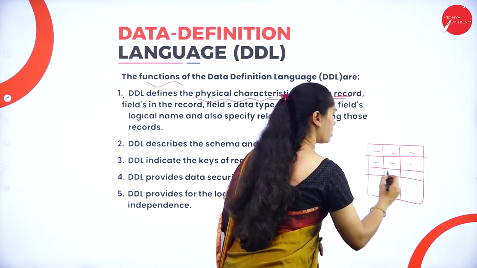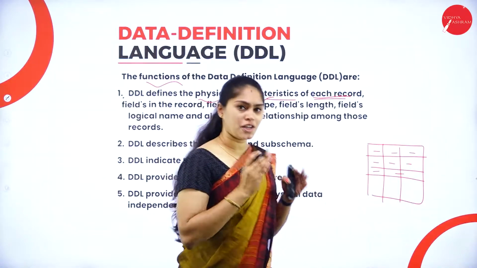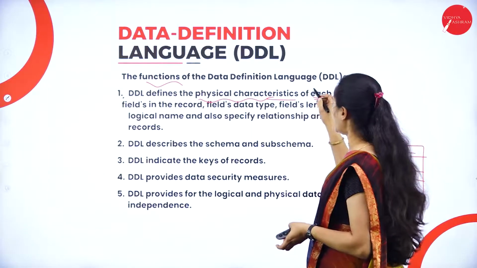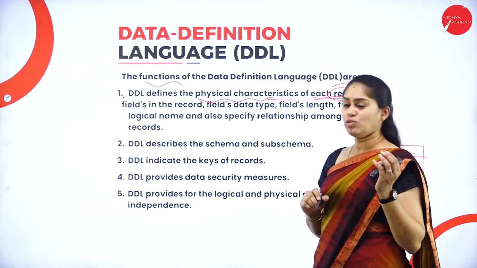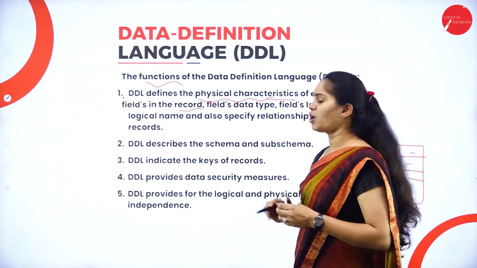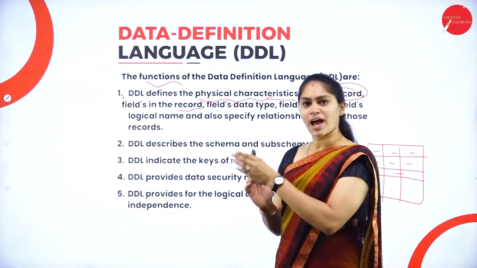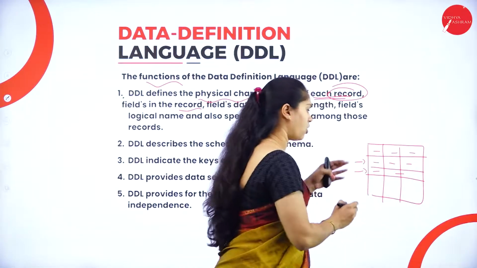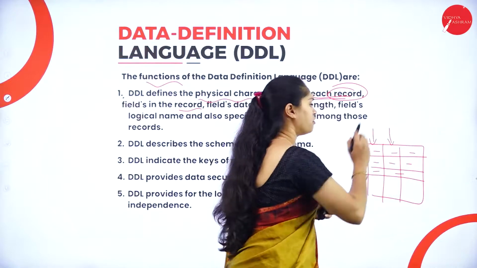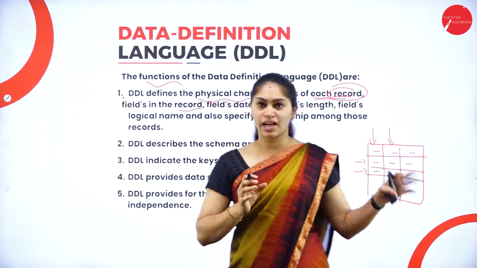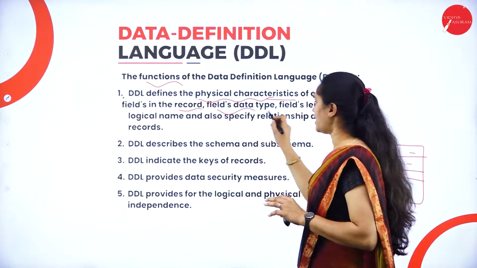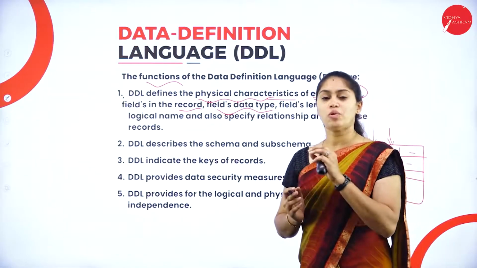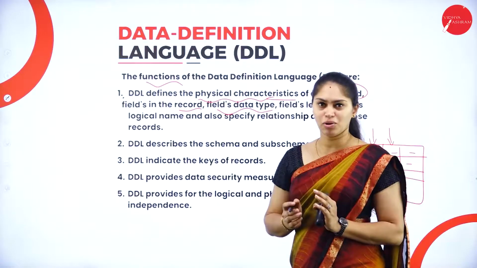That is what we call a record or a tuple. So this DDL will understand what is the characteristics of each record and what are the fields in the record. That means the number of attributes we have. So here it will get to know about each record, and also the fields or columns, and its field data type, because if I wanted to insert some value, then I must know what is the data type of that attribute or field.